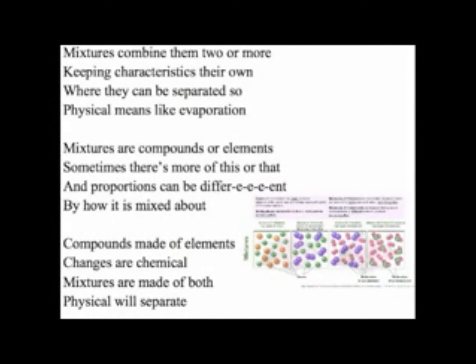Mixtures combine two or more, keeping characteristics their own, where they can be separated by some physical means like evaporation. Mixtures of compounds or elements. Sometimes there's more of this or that, and proportions can be different by how it is mixed about. Compounds are made of elements, changes are chemical. Mixtures are made of both, physical will separate.